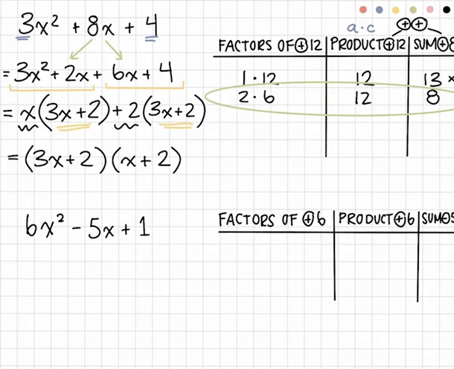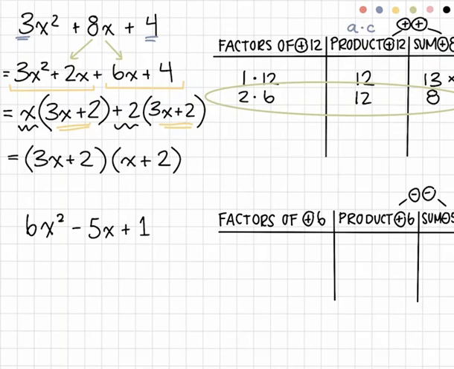Perfect. So because I see I have a positive product and a negative sum, I know that both of the factors that I'm working with are going to have to be negative.